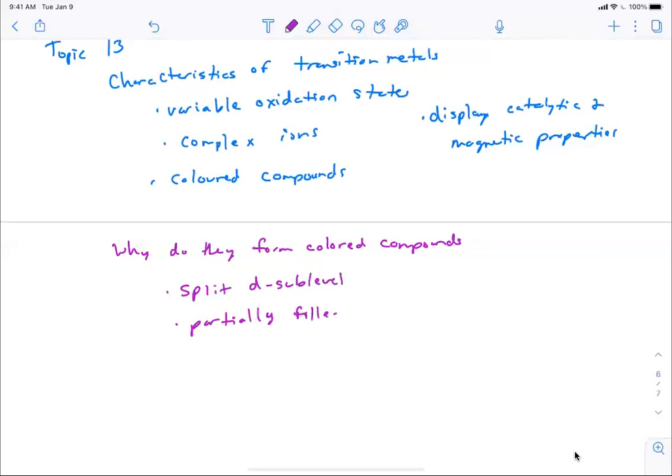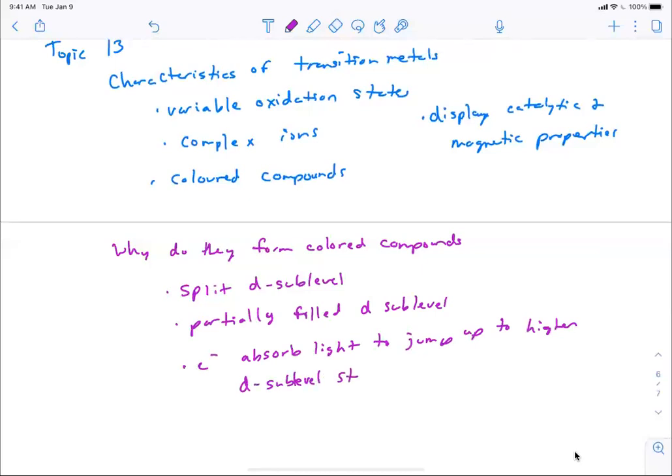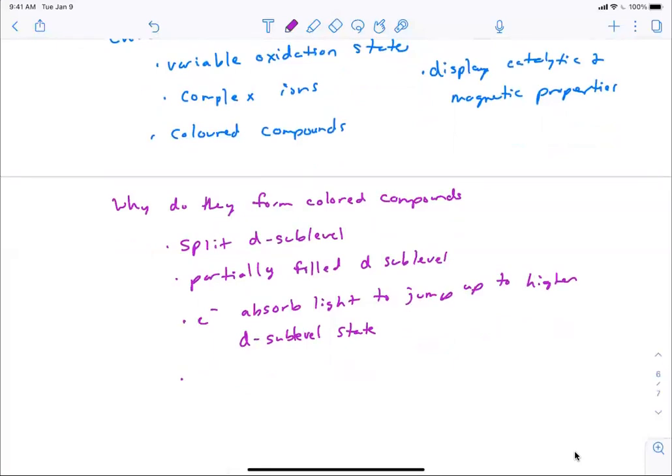When the ligands attract to the metal ion, they split the d sublevel, which then splits the electrons' energies, which allows electrons to absorb light to jump up to a higher d sublevel state. Then the light not absorbed, which is your complementary color, is seen.